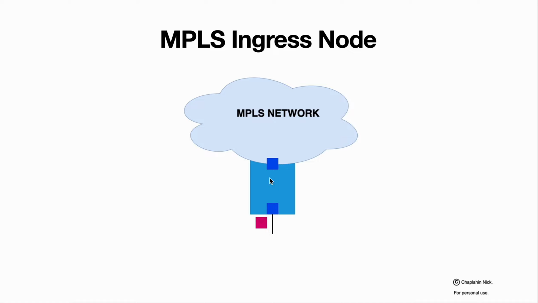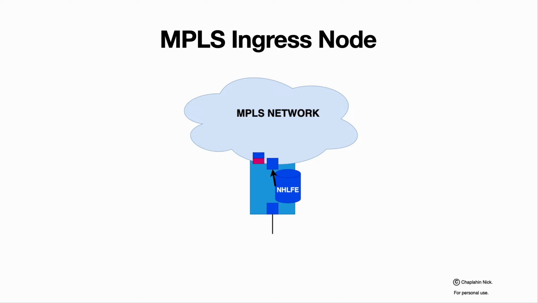But MPLS ingress node maps initially ingress frames, so maps initially equals to performs FEC mapping, forwarding equivalence mapping, or forwarding equivalence classification. This is the same.